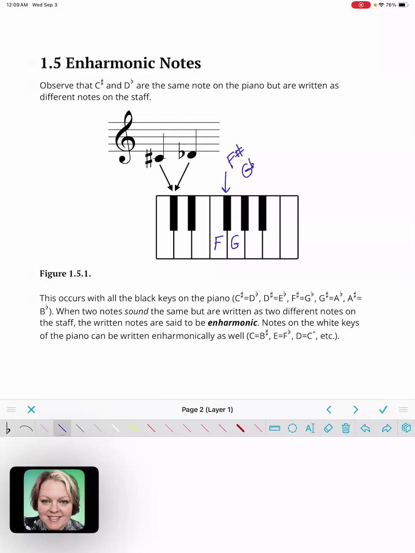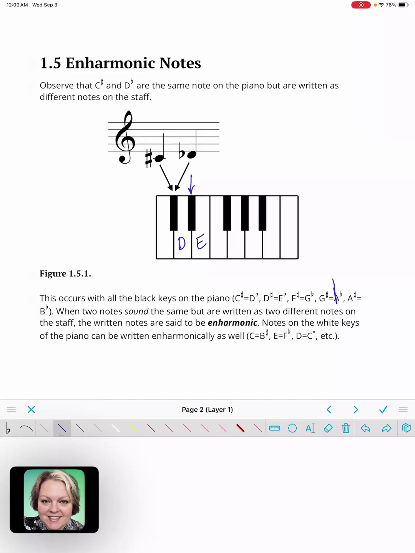Figure 1.5.1 down at the bottom there tells you this is going to occur with all of the black keys on the piano. So C sharp and D flat are shown to you there, but this one right here, this black key, the white key on either side of it is D and E.